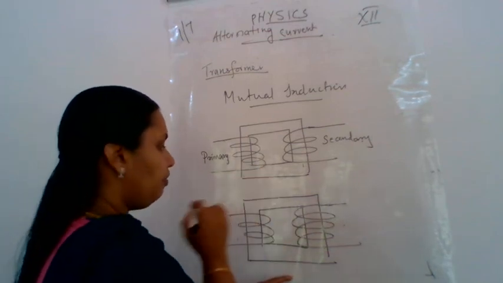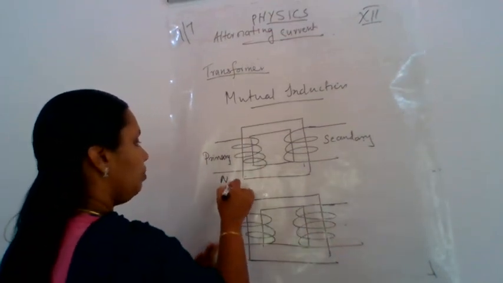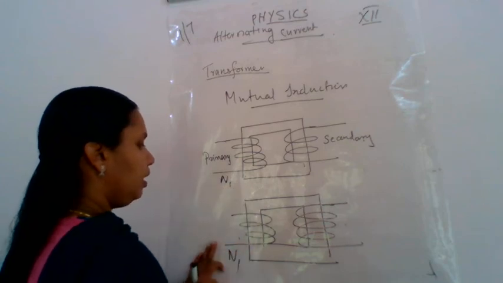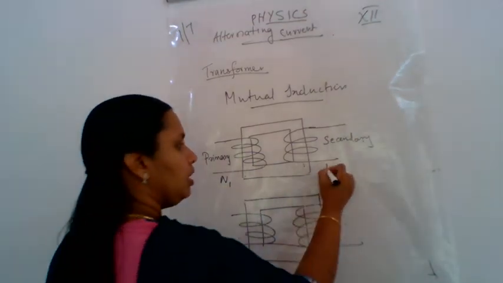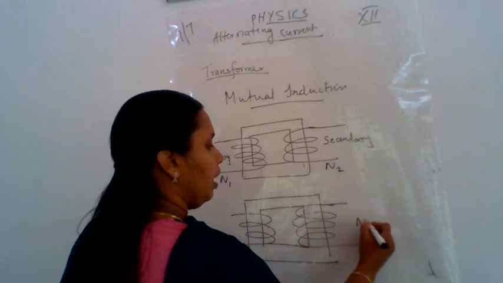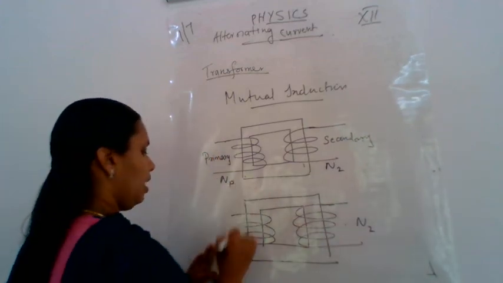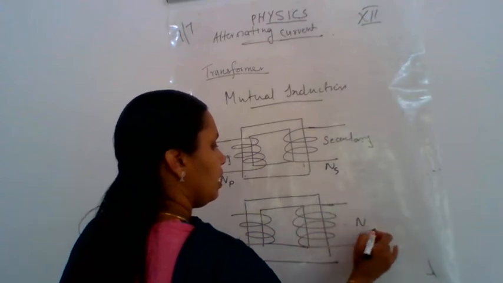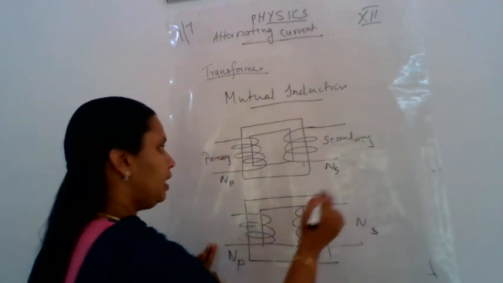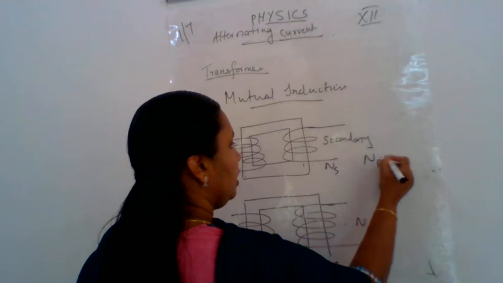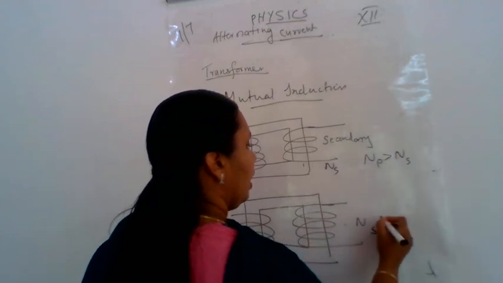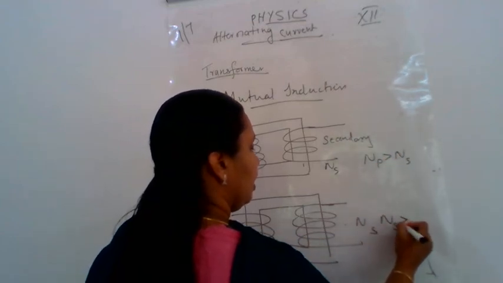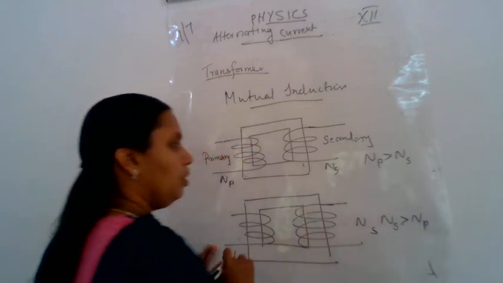So here we can take N1 as the number of turns in the primary and N2 as the number of turns in the secondary, or take NP for primary and NS for secondary. What is the condition? Here NP is greater than NS and here NS is greater than NP.